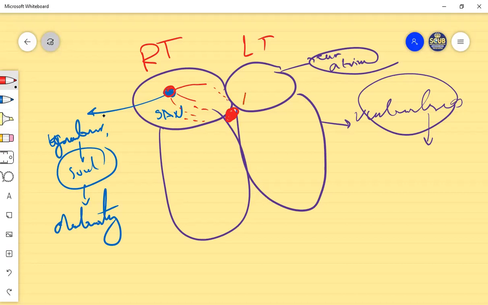This is called the AV node, atrioventricular node, because it is between the two atria and the two ventricles. So the electricity will start from the SA node to the AV node, and then it will travel like that all over the heart. You understand?